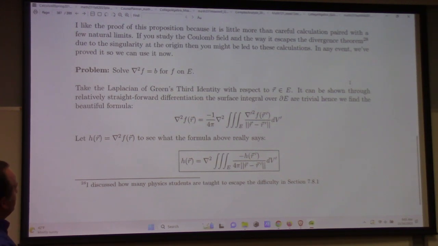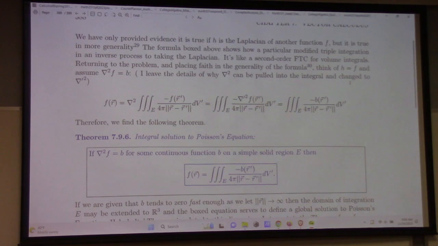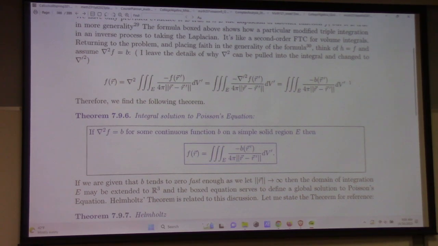Let h equal this. So this allows us to solve Poisson's equation through integration. Here it is specifically. This is the integral solution to Poisson's equation.